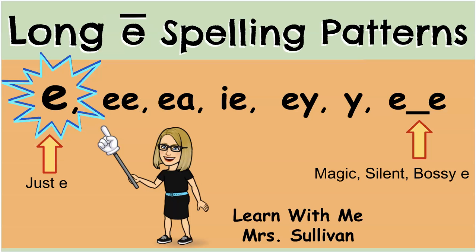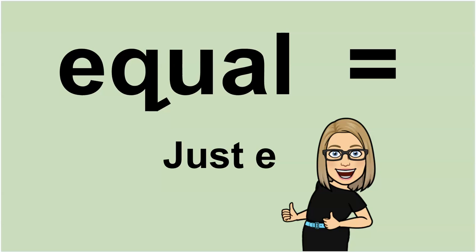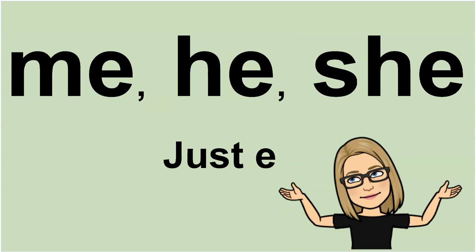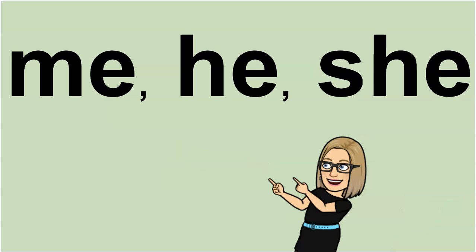We'll start with just E, making the long E sound. Equal uses just E to make the long E sound. Me, he, and she all use just E. It is popular for little short words that end in a vowel to make that long vowel sound that's in the word.